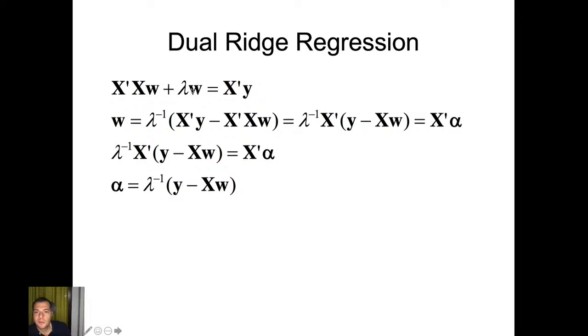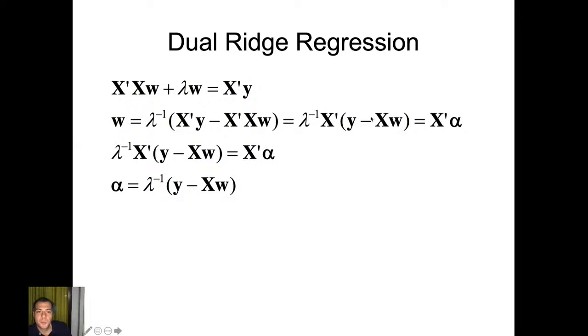So w is equal to this term minus this term multiplied with the inverse of lambda. Okay, so w is computed like this. We also observe that these two terms have x transpose in common on the left side, so we can take out x transpose from these two terms and write the equation like this.